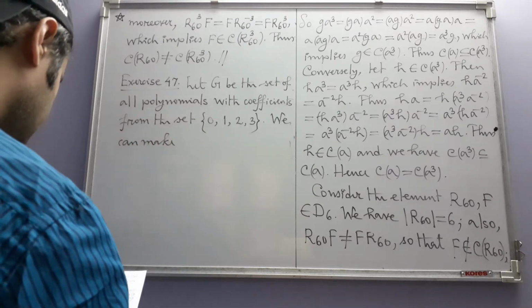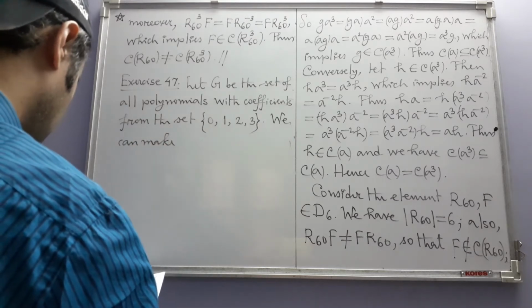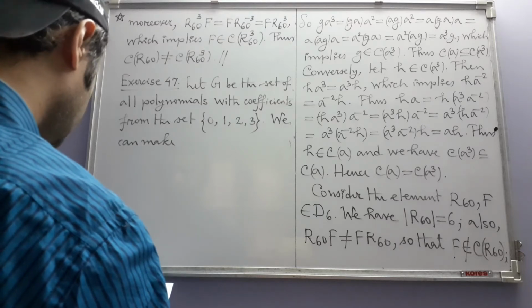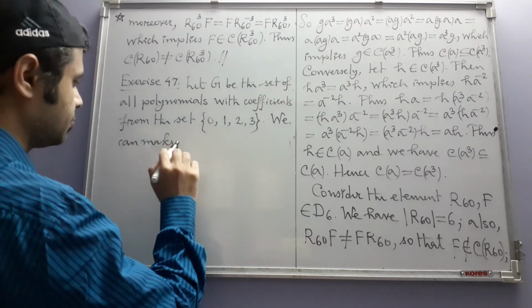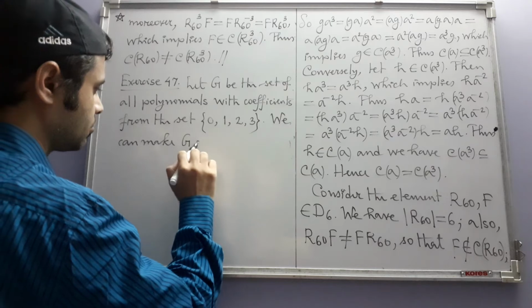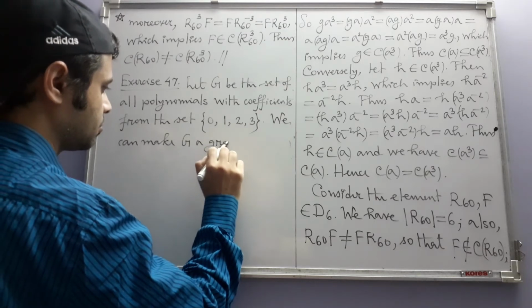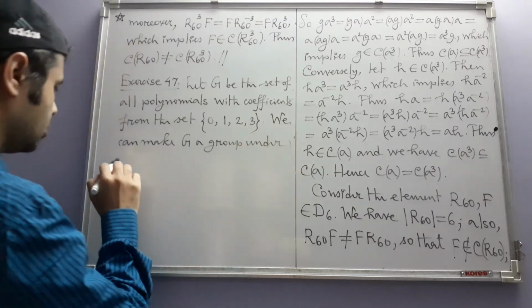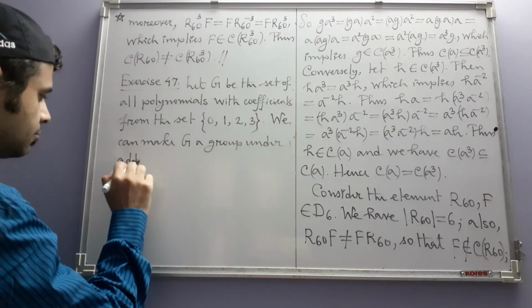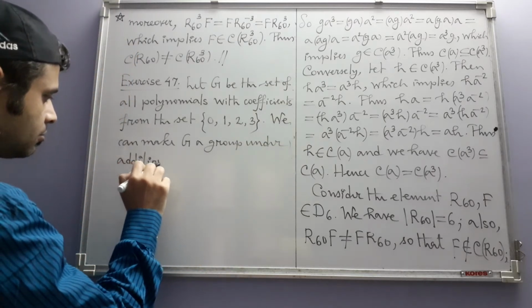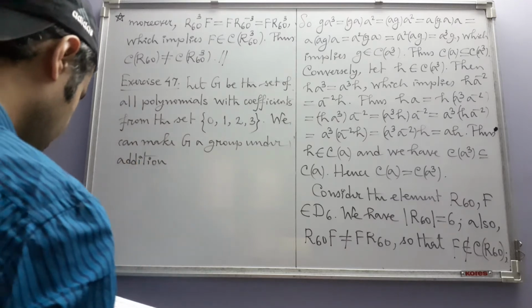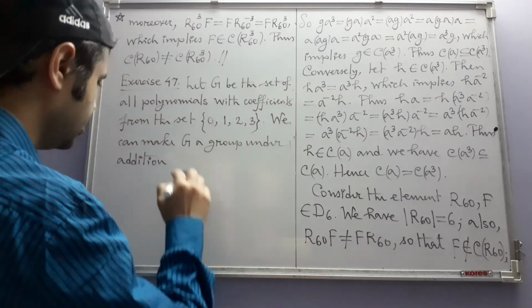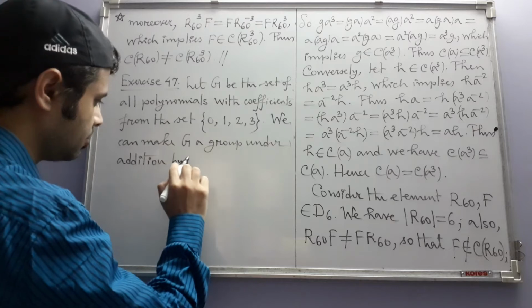We can make G a group under addition by adding the polynomials in the usual way.